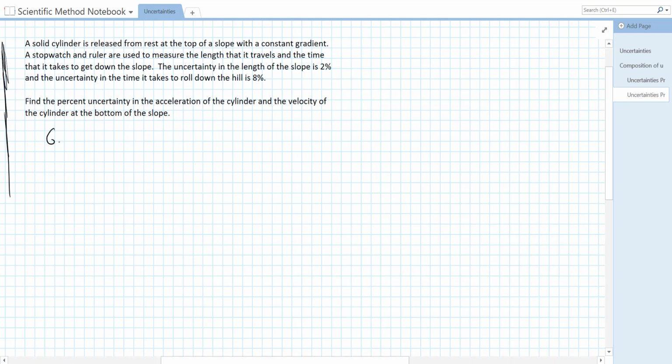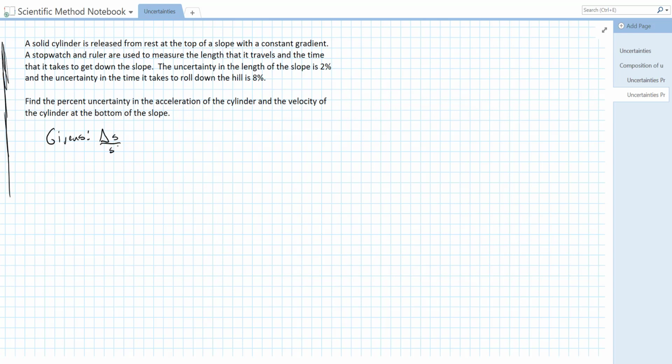And our givens are going to be the percent uncertainty in the length, so it's delta L over L, but I'm actually going to call it delta S over S, because you may notice that since it's rolling down a hill with a constant slope, it's going to be a constant acceleration. So this will be uniformly accelerated motion.